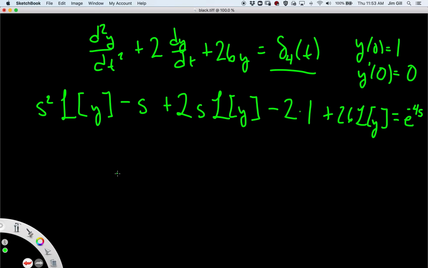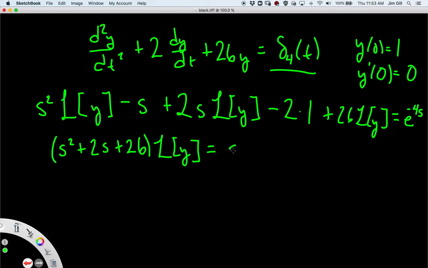Great. Okay, now let's see what we got here. On the left-hand side, we have s squared plus 2s plus 26 times the Laplace transform of y. And we have a minus 2 and a minus s, so let's move those to the other side. s plus 2 plus e to the minus 4s.